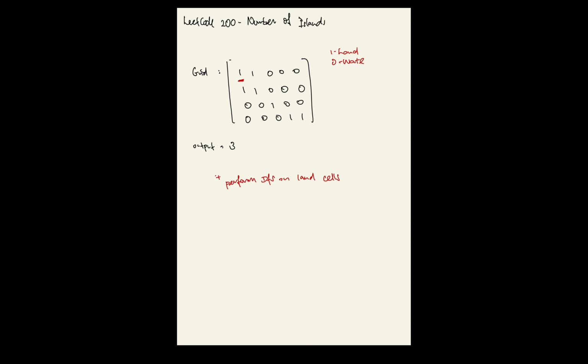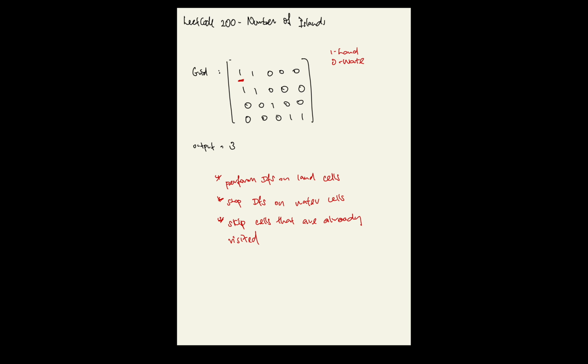This is the key solution to the problem. You stop the depth first search on water cells, and you simply skip cells that are already visited, so you don't have to check each and every cell more than once.